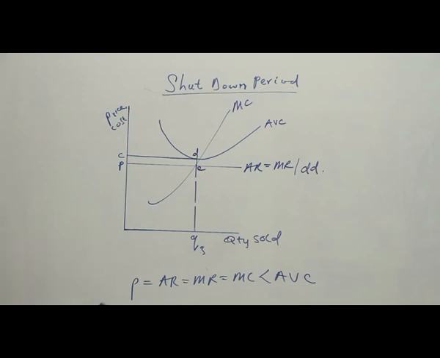Now, let's look at these symbols. Where we said price equal average revenue equal marginal revenue equal marginal costs. Now, less than average variable cost, because the firm cannot cover it. Because the firm cannot cover that, the firm is advised to leave the industry.